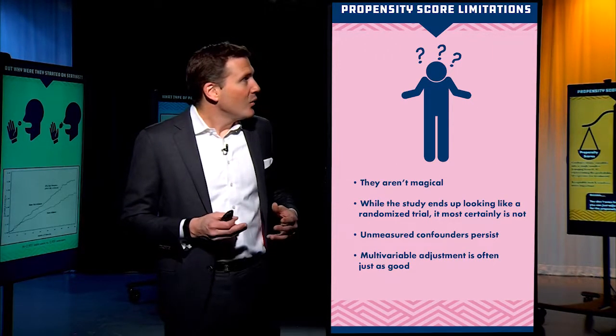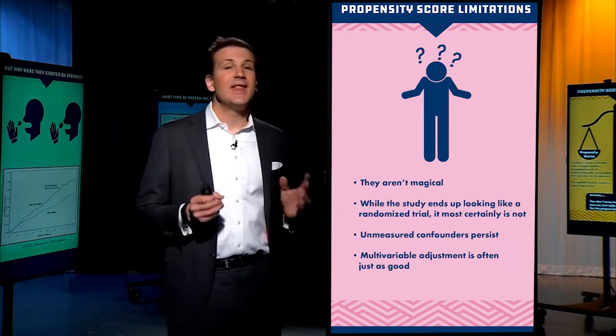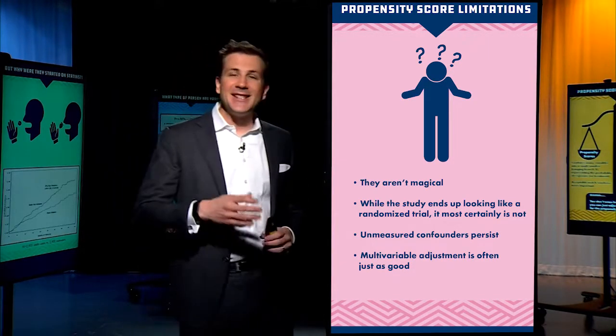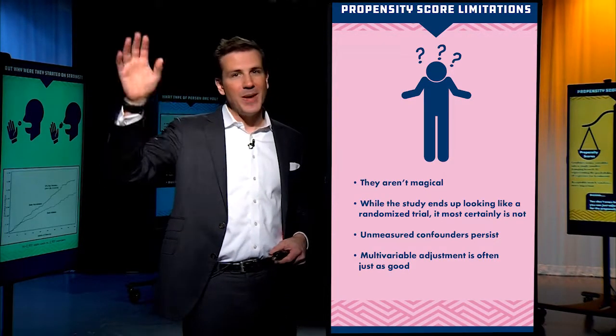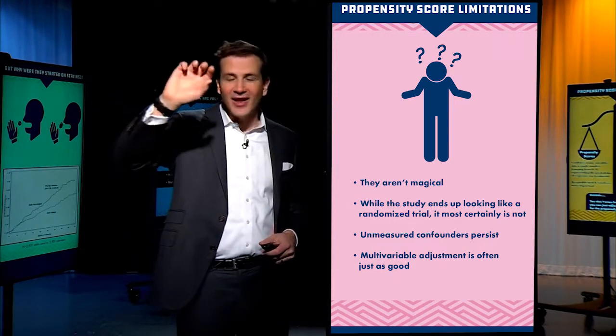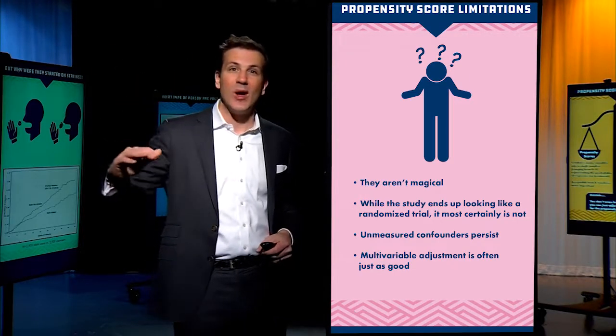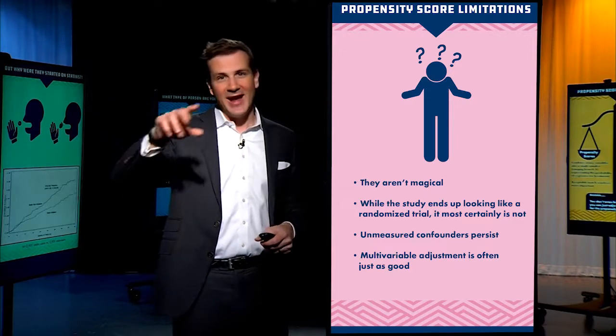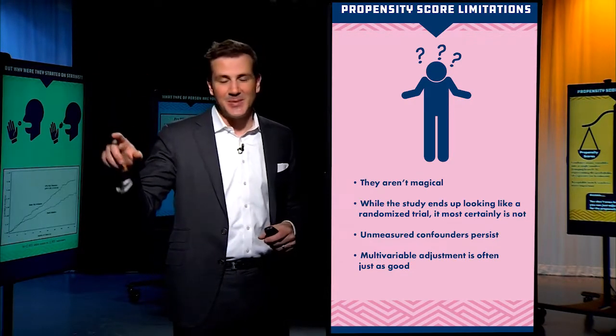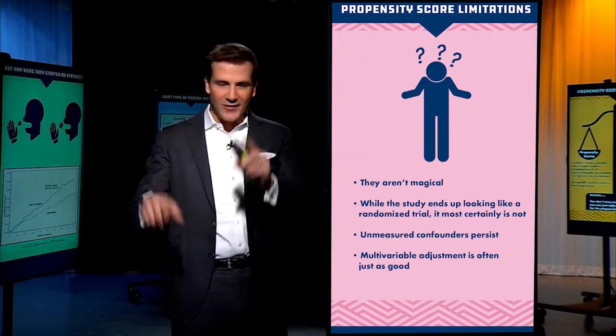All right. What are the limitations of propensity scores? They are not magical. The study ends up looking like a randomized trial because if you look at Table 1 in a propensity matched study, all the things that go into the propensity score tend to be really well balanced between the groups. You might look at it and think, oh, it looks like a randomized trial where the ages are similar between the exposed and the unexposed, and the heights and the weights and the cholesterols, everything looks the same.